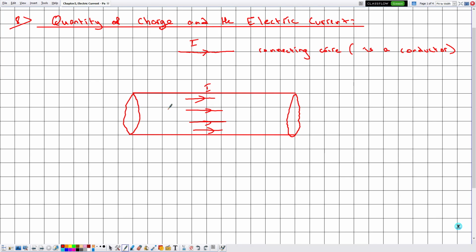So it's made up of small particles called electrons. So inside this wire, electrons exist everywhere. Now if you need to consider the charge of this wire, or before defining the charge.